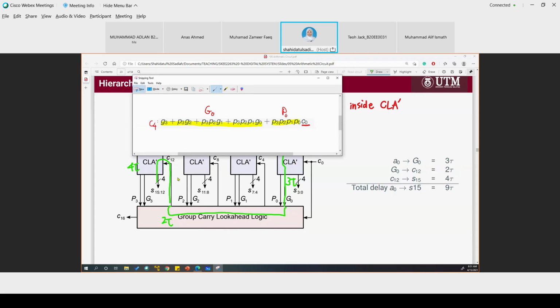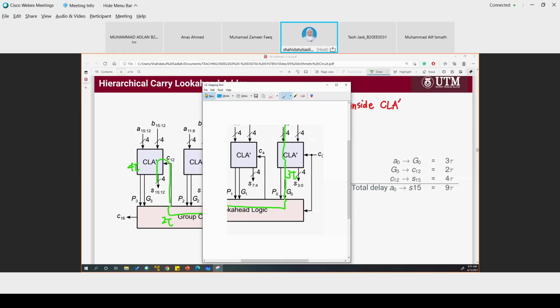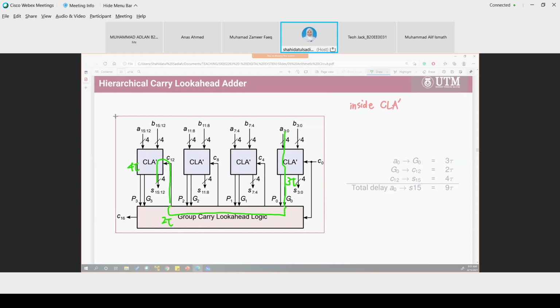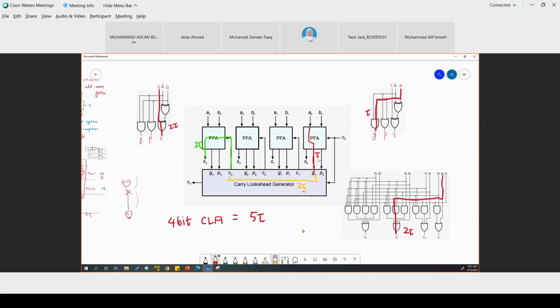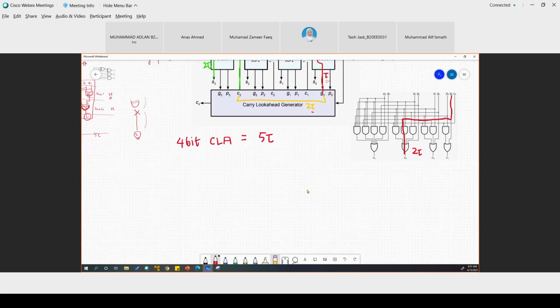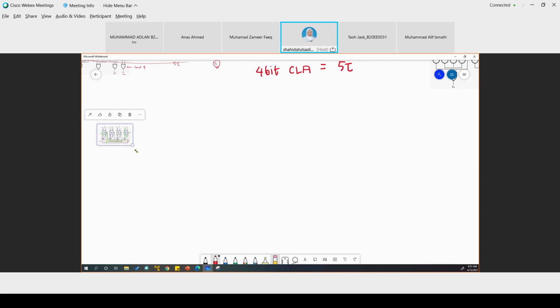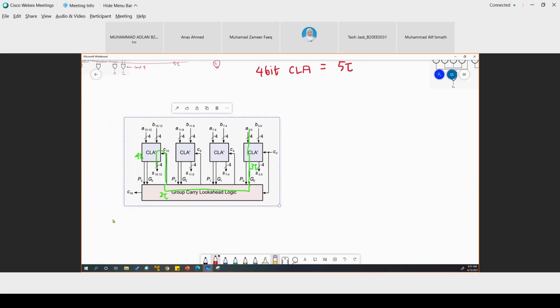It's very similar. Let's take this and bring it to the whiteboard. Okay, so this is a group carry look ahead adder.